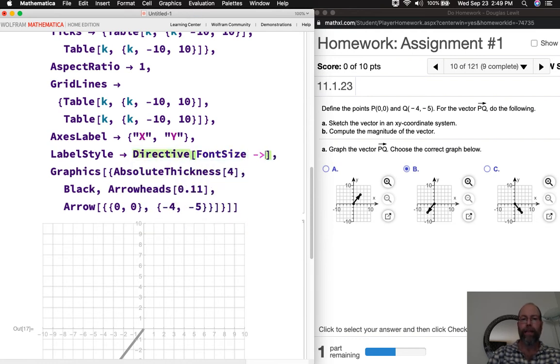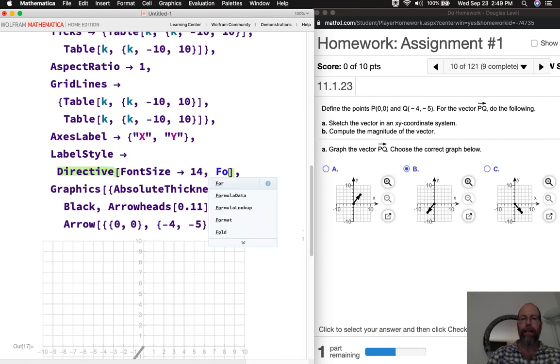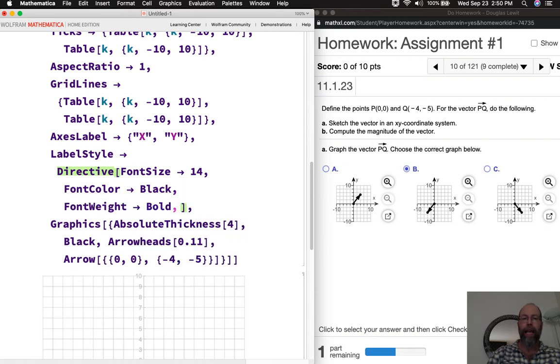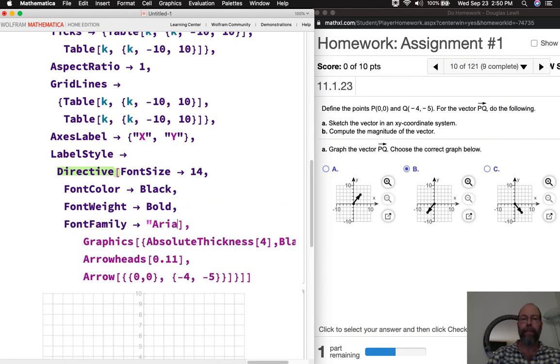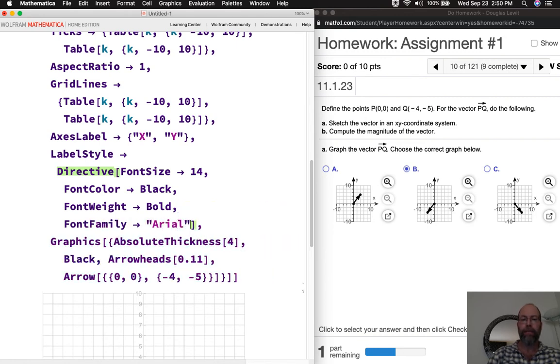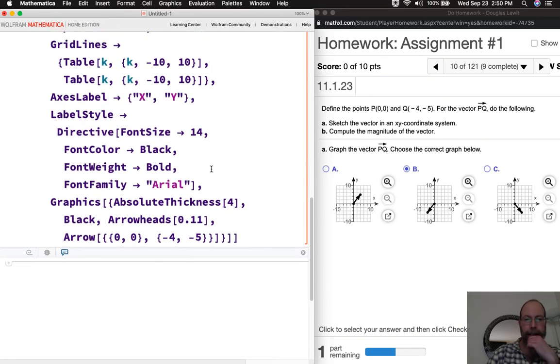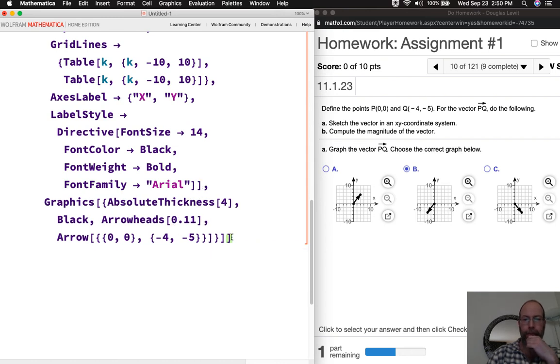Font size is, let's say, 14. Font color is, let's say, black. Font weight is, let's say, bold. And font family, use whatever you want to use. I happen to like Arial. Oh, wait a minute, why didn't that? There we go. Should work.